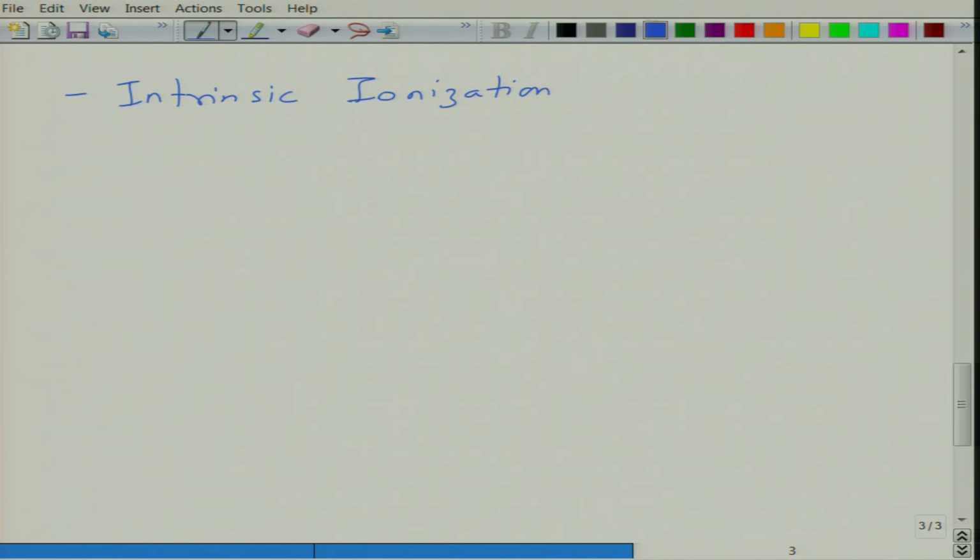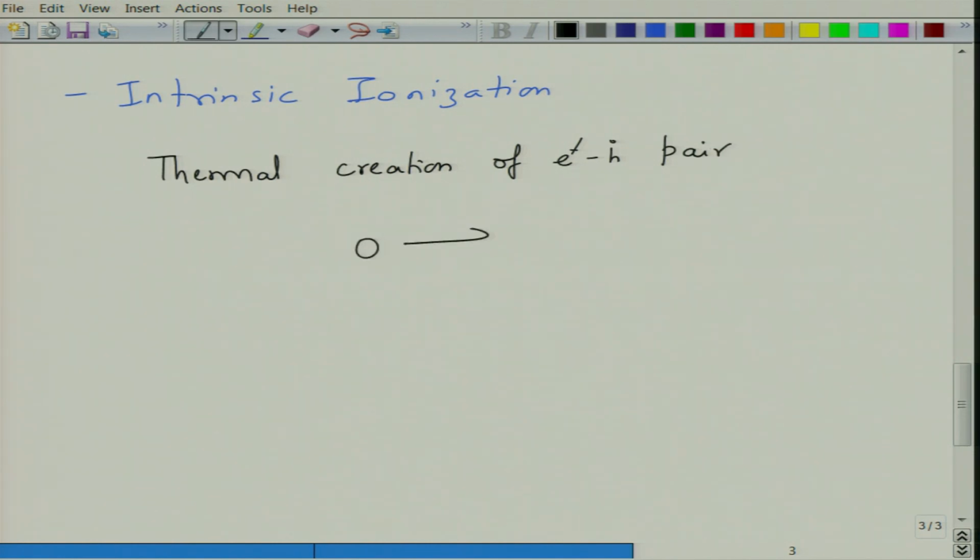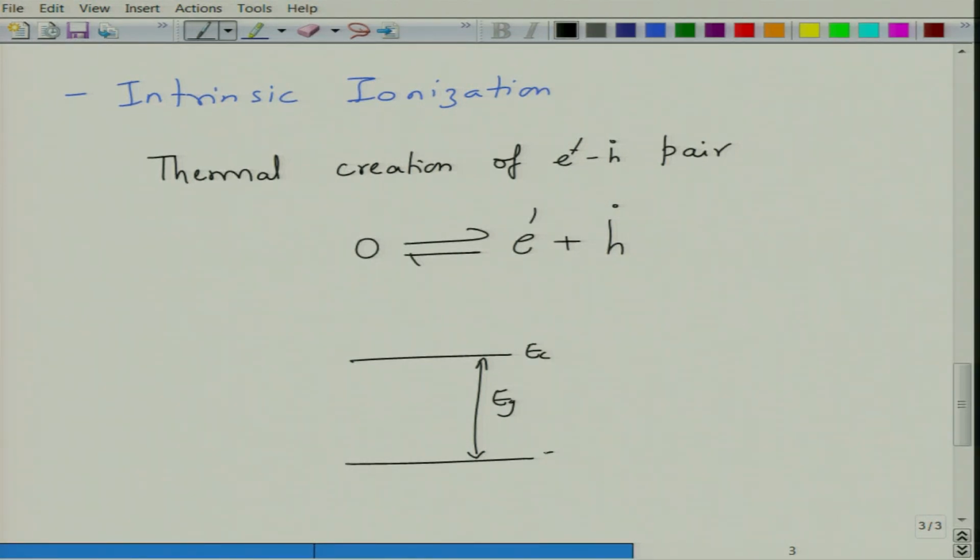Basically, it is the thermal creation of an electron-hole pair, written as null going to electron plus hole. Essentially, oxides are generally semiconductors or insulators in nature. As a result, they have a band gap, this is the valence band edge, and this is the conduction band edge.